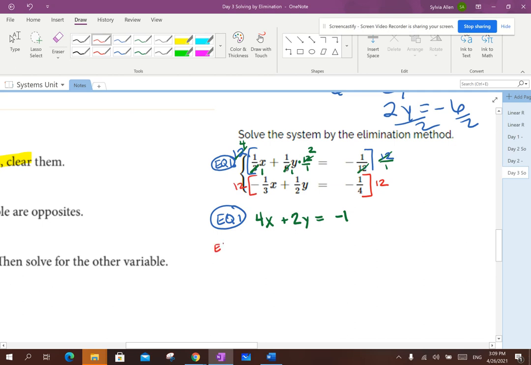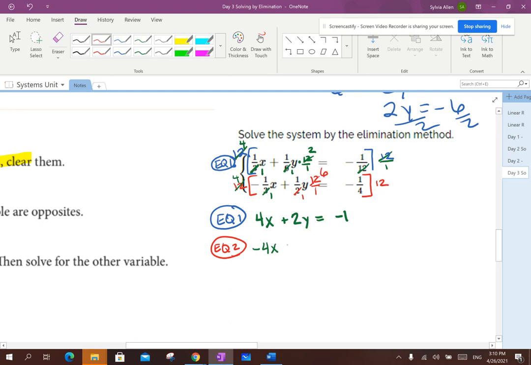Okay, so equation 2: 12 times the negative 1/3. 3 goes into 3 once, 3 goes into 12 4 times. So I get negative 4x. Remember, I also have to multiply this side by 12. 2 goes into 2 once, 2 goes into 12 6 times.